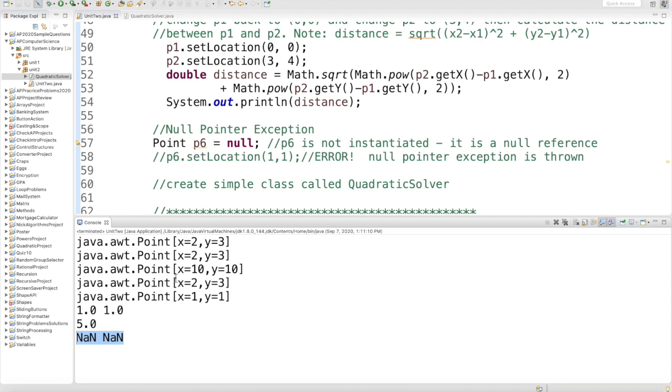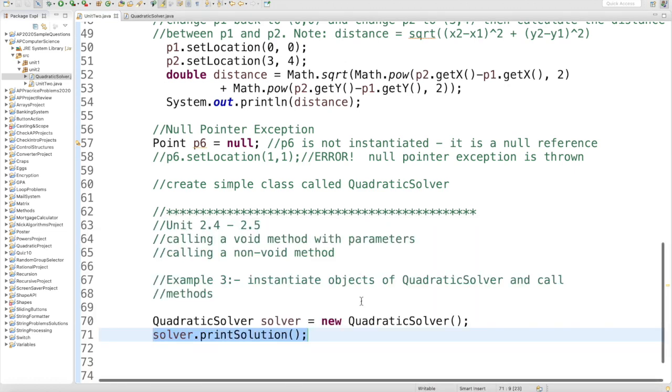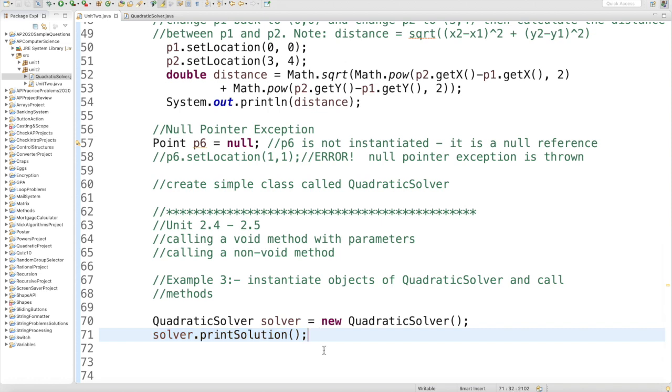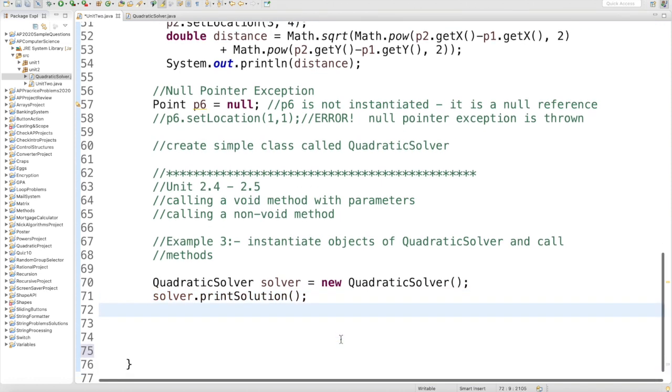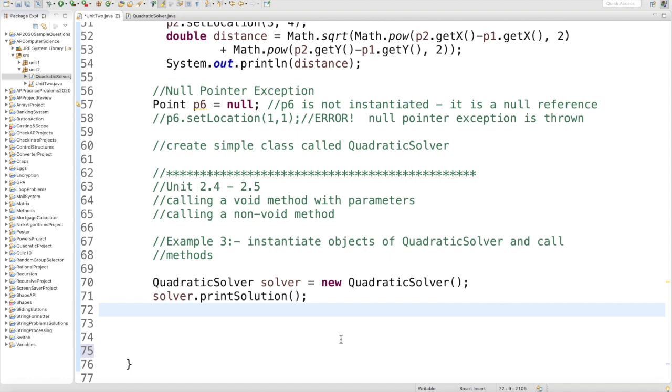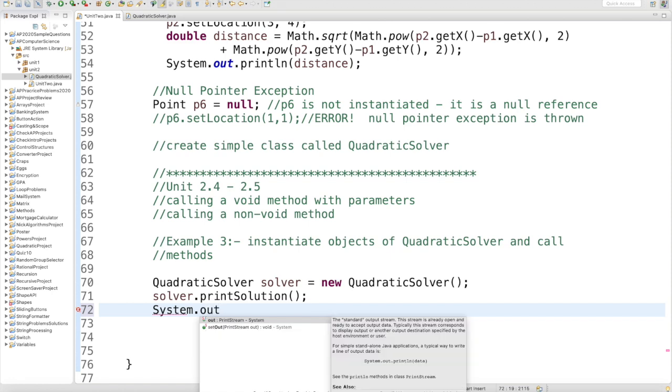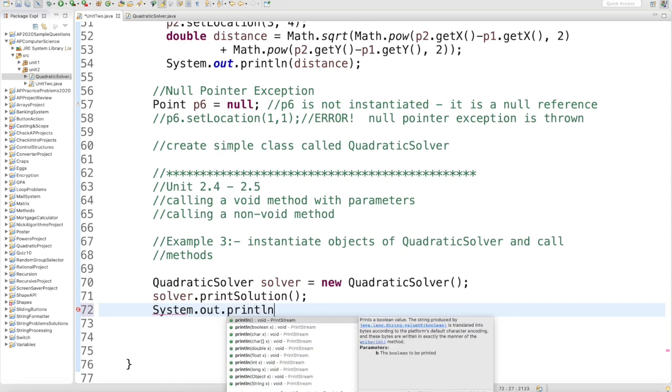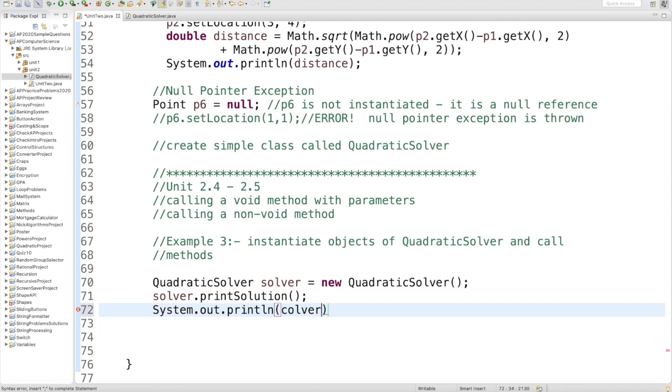Not a number. Let's go ahead now and take the QuadraticSolver and try to find its discriminant. solver dot discriminant.